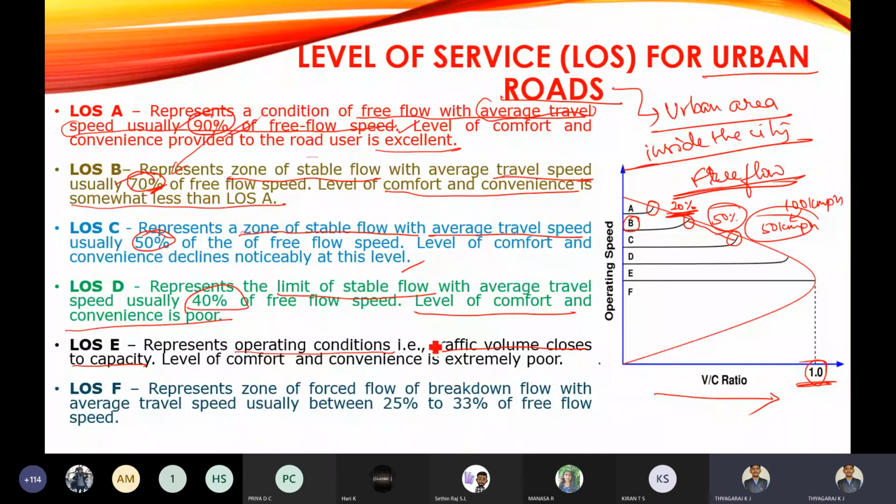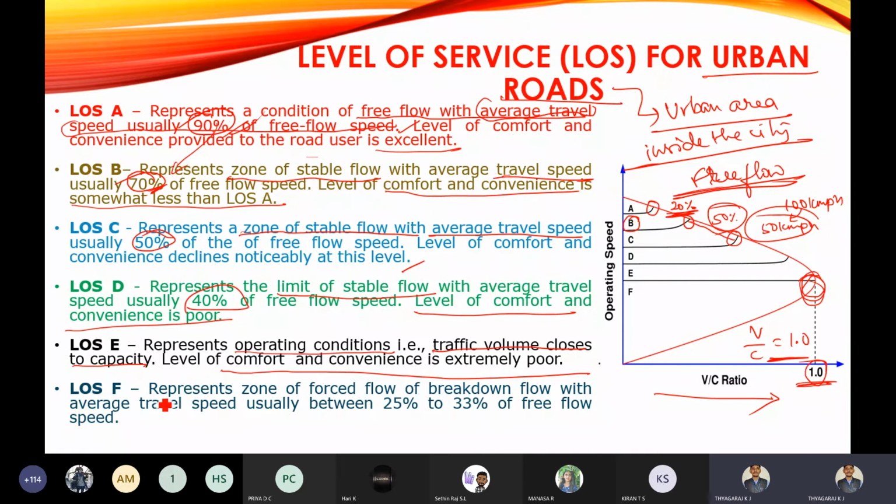That is V by C, which will be closest to capacity, means V by C is equal to 1. Then the level of comfort and convenience is extremely poor. In this condition, why? Because the volume to capacity ratio will be equal to 1. That's why the comfort and convenience is extremely poor.